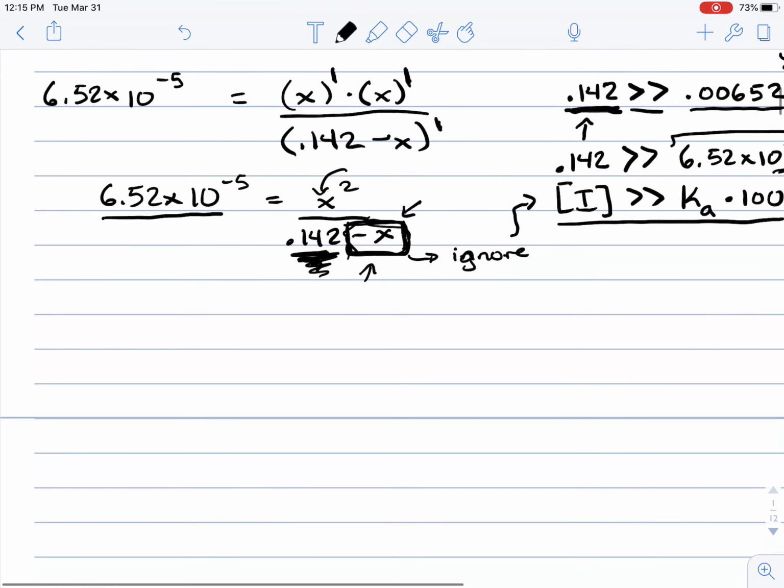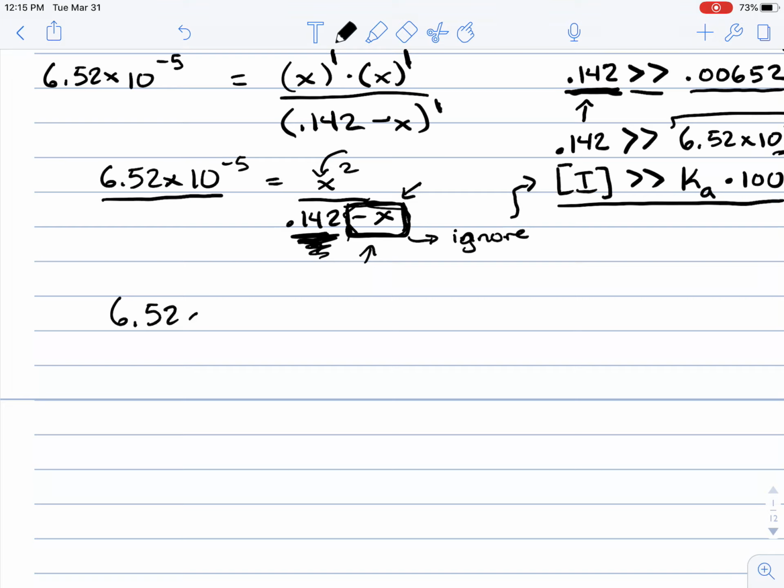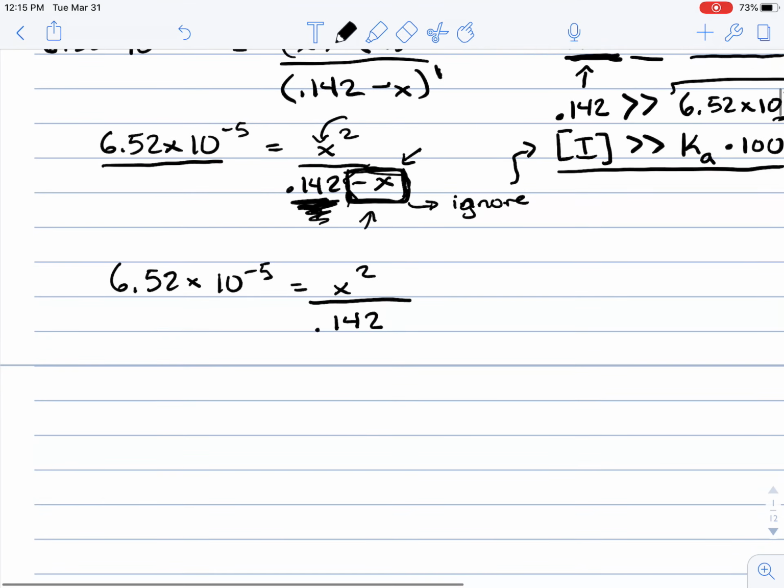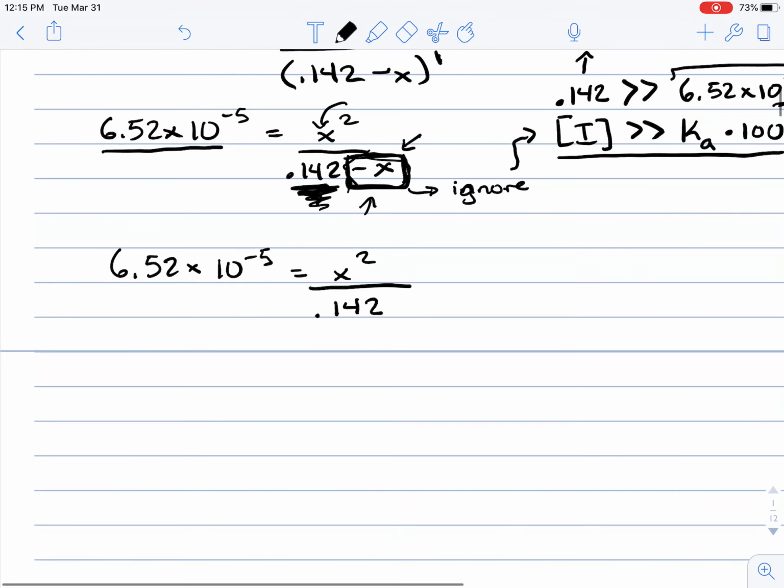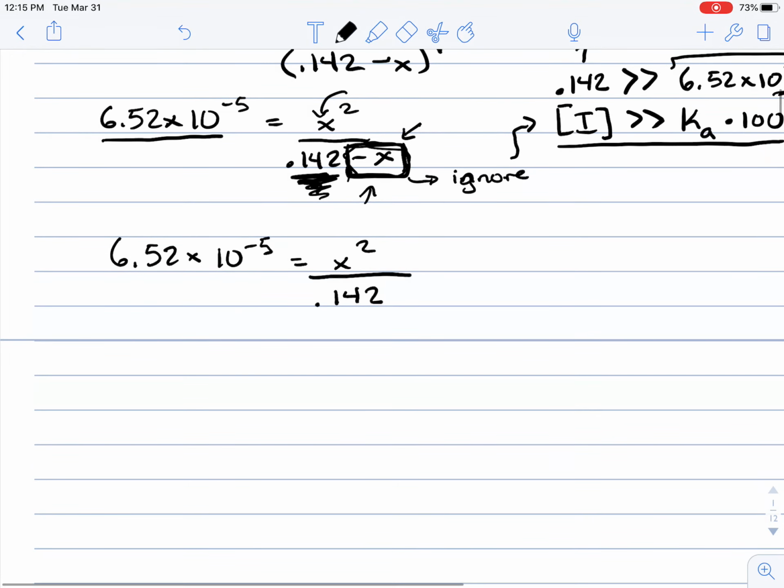All right. If we ignore the x in the denominator, we're just going to get 6.52 times 10 to the negative 5, which is equal to x squared over 0.142. By removing that x in the denominator, it really simplifies our calculation.